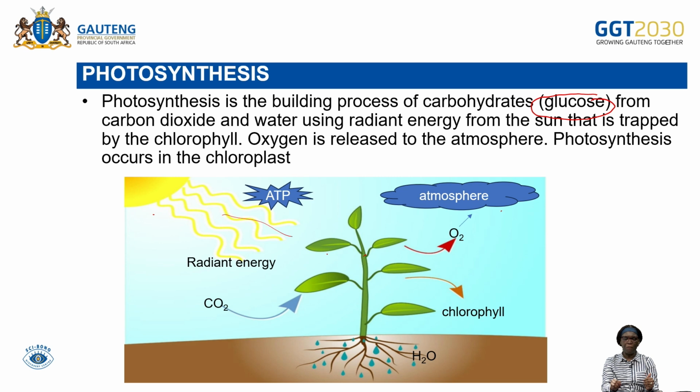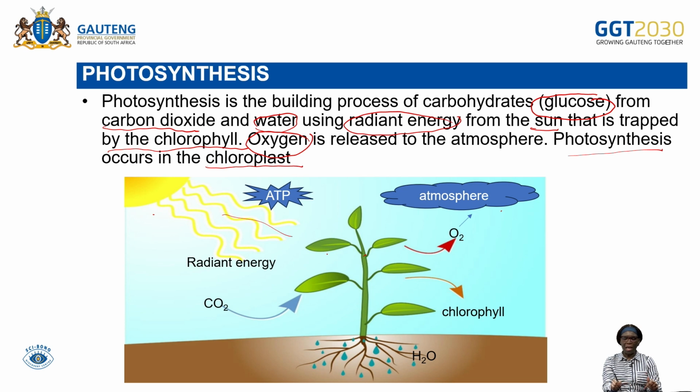Glucose will be formed from carbon dioxide and water using radiant energy from the sun. That will be trapped by the chlorophyll. Oxygen will be released to the atmosphere, and this process occurs in an organelle known as the chloroplast.